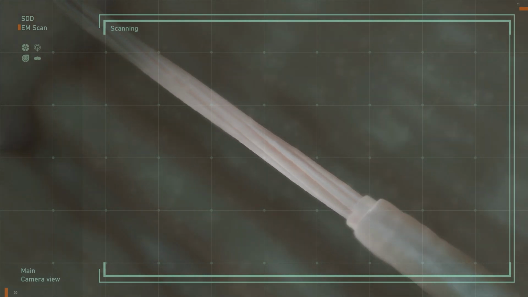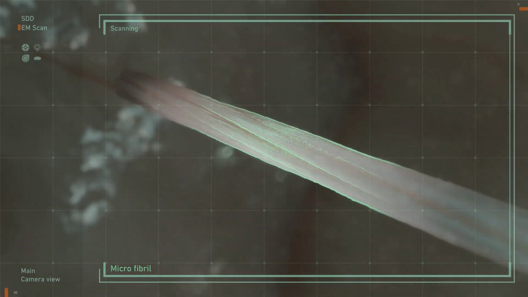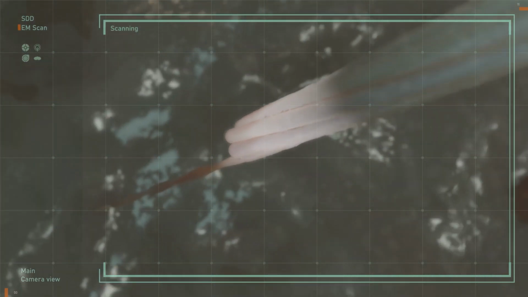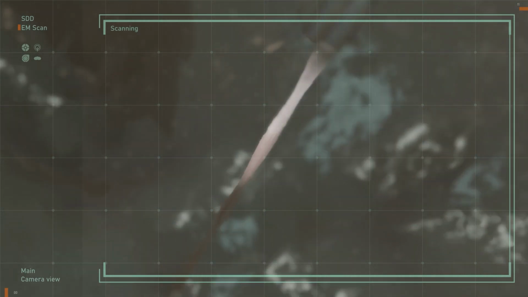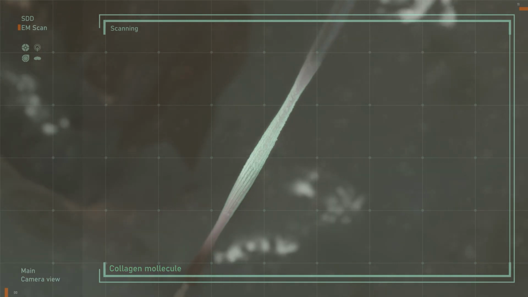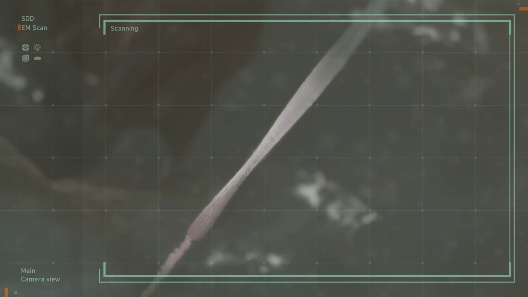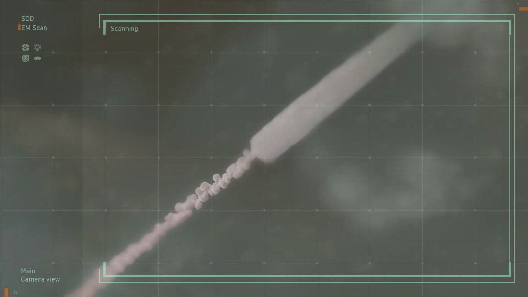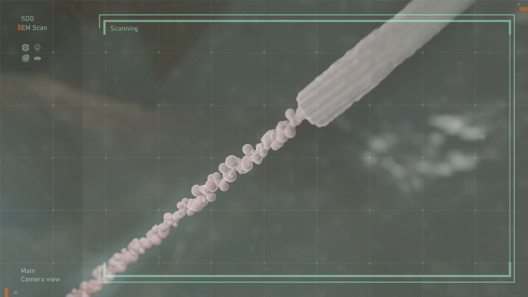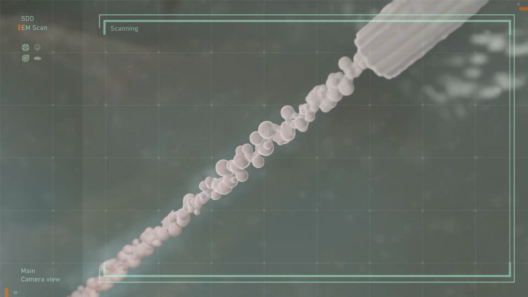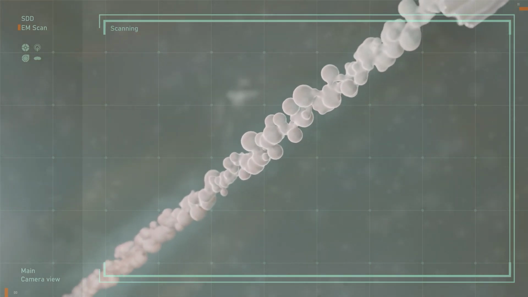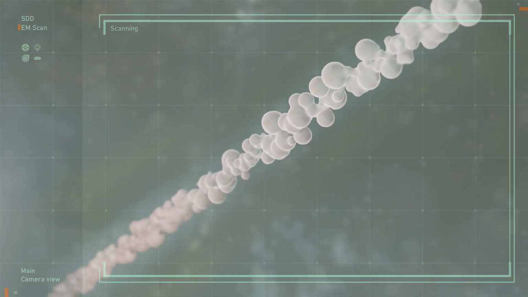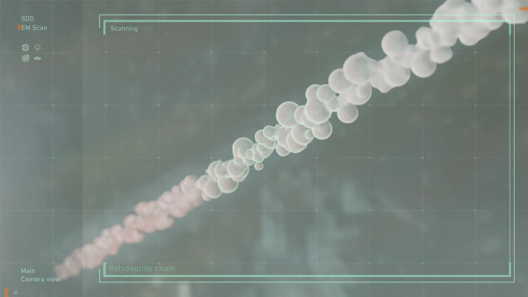Subfibril. Microfibril. Collagen molecule. Polypeptide chain.